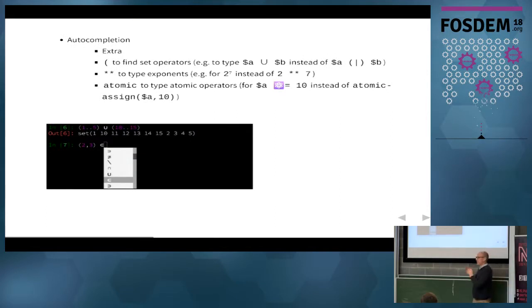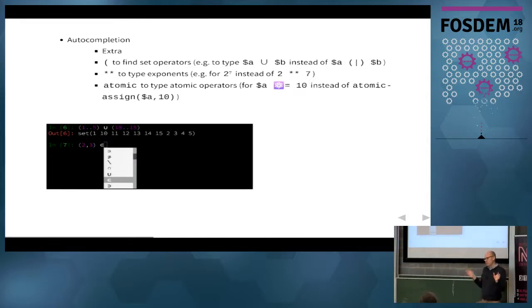There are some other cute shortcuts for auto-completion. You may or may not have heard that there's some cool Unicode stuff you can do with Perl 6. One of my favorite things is the set operators. If you have two sets and you want to find the intersection or the union, you can use the Unicode union or intersection operator.